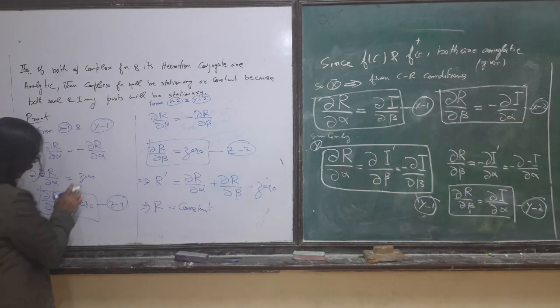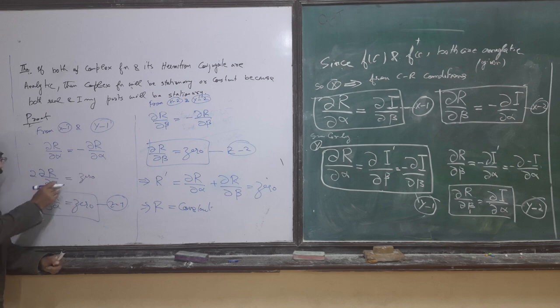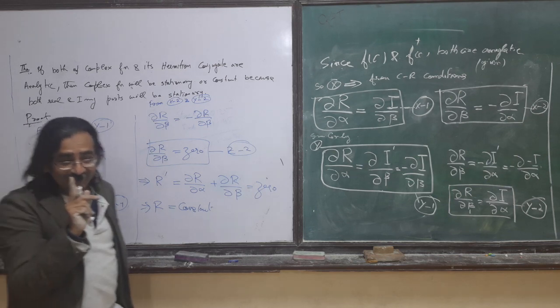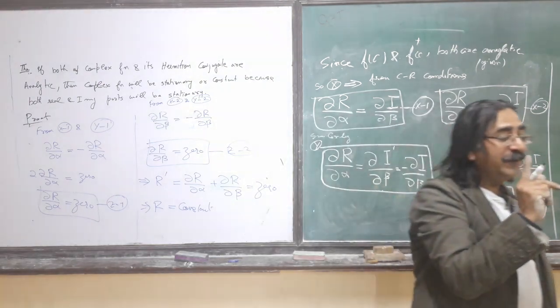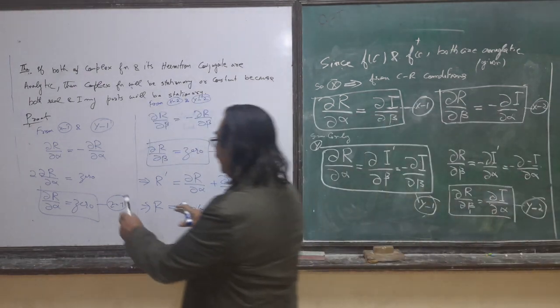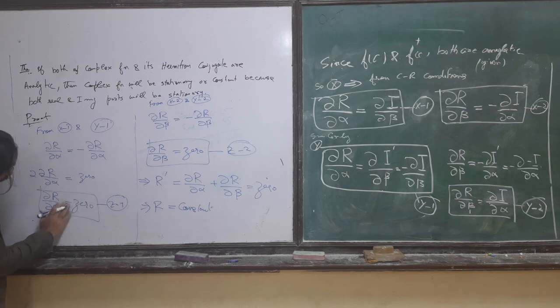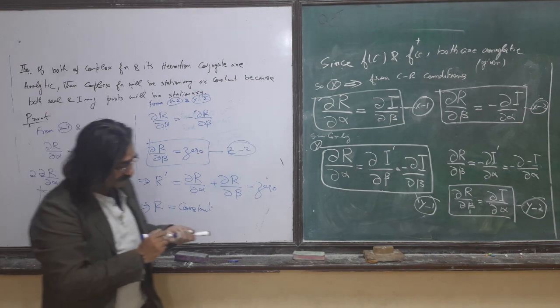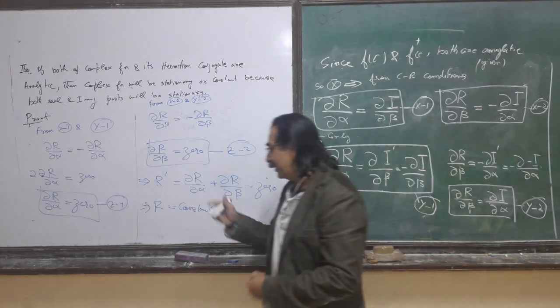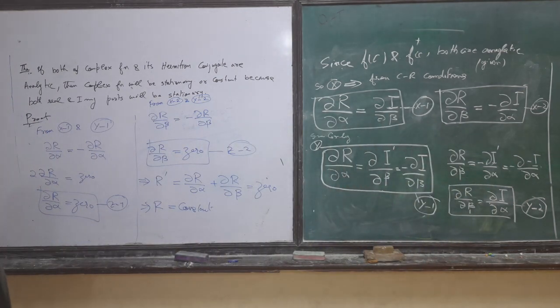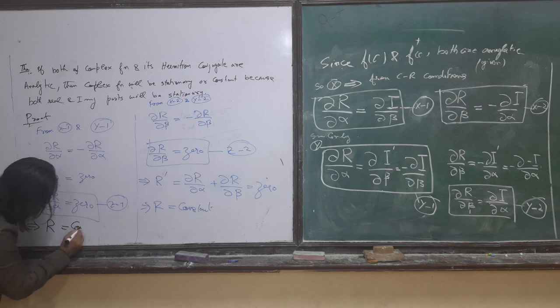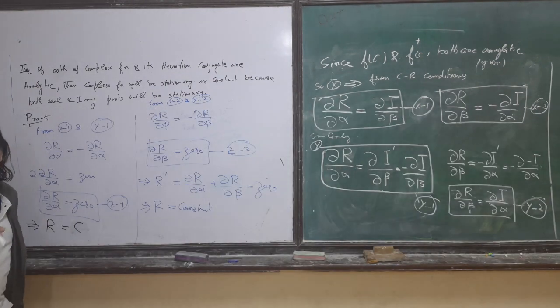What was the problem? If we take the partial derivative with respect to alpha, this will be a constant. Actually, when you integrate, this will be R equals constant C. But this constant doesn't mean that it is constant with respect to beta.